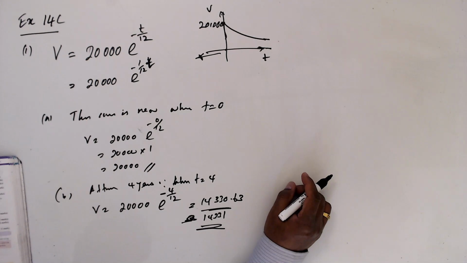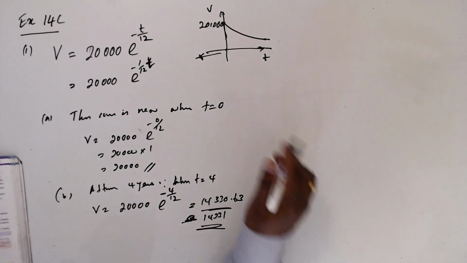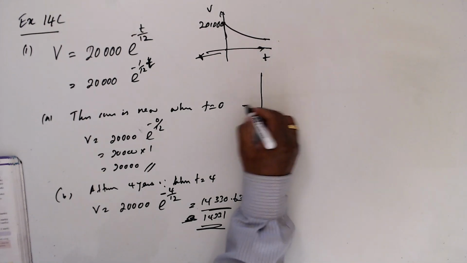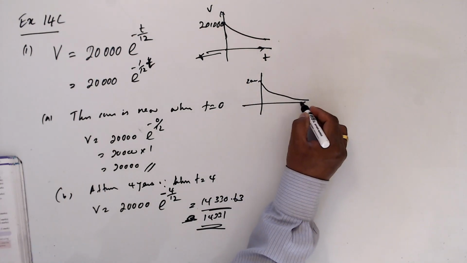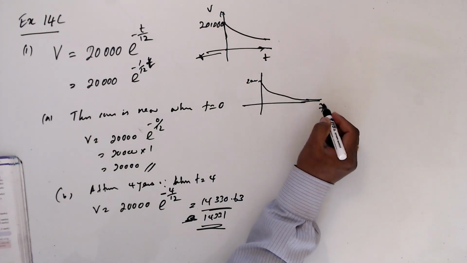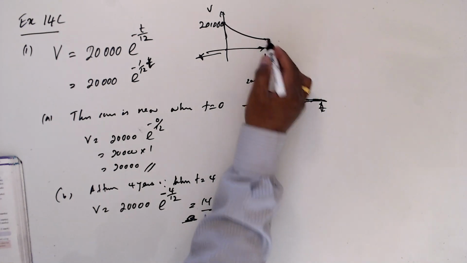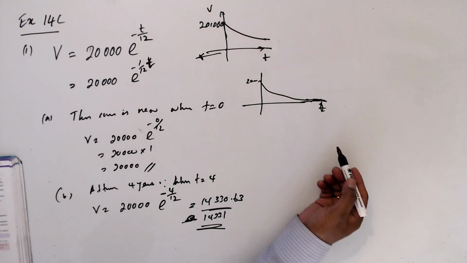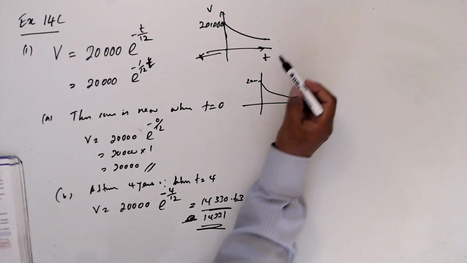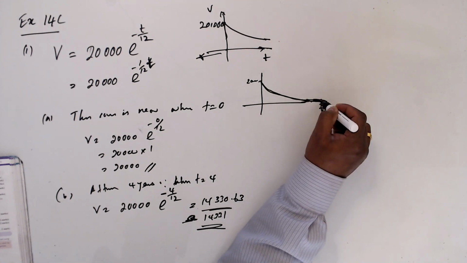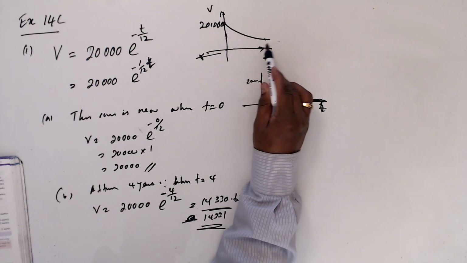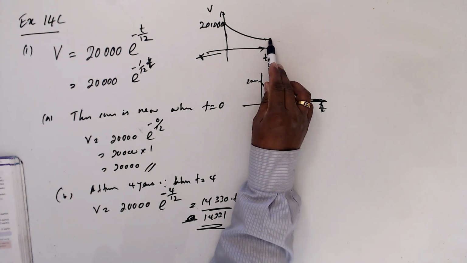Next is to sketch the graph of v against t. So we have two sketches. One is this one, starting from 20,000 and going to infinity in t, or this one. What is the difference? Here the actual graph goes up to here, but do you think the car has a lifetime?